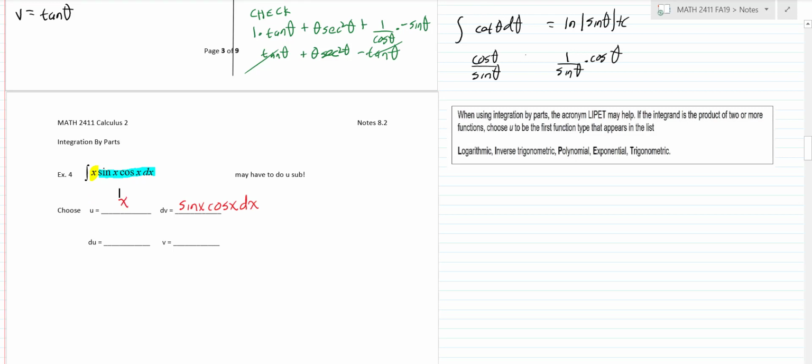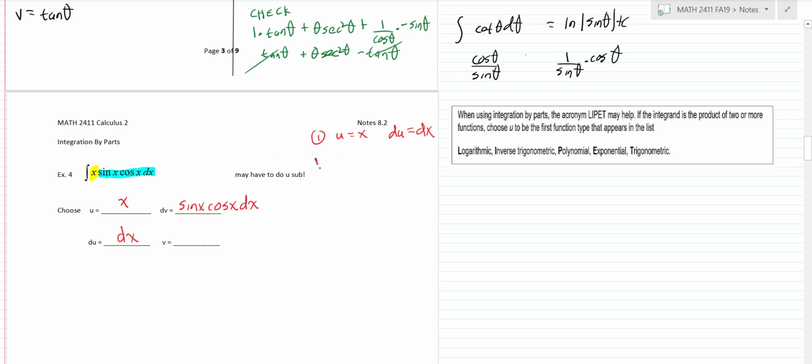All right, so we're going to work this stuff out at the side right here. Let's get all this stuff calculated over here. So if u is x, that would mean that du is just going to be 1 times dx, so we got dx. Something easy to differentiate.